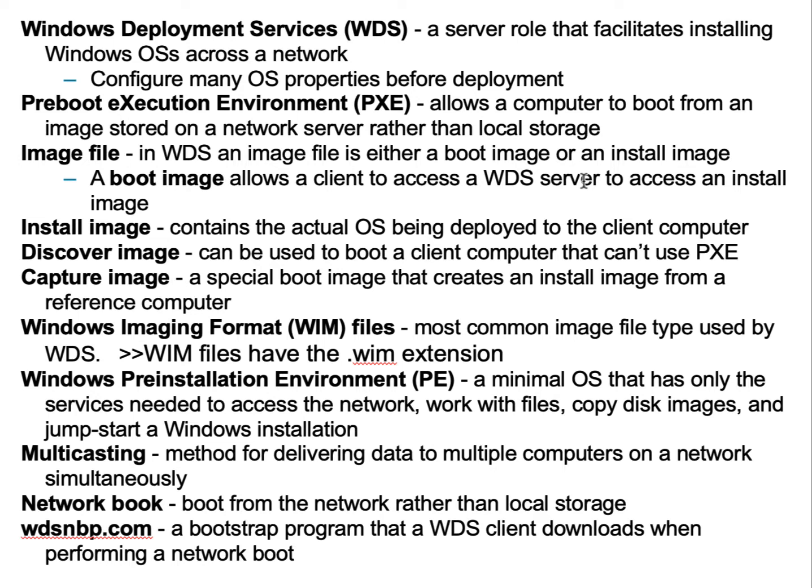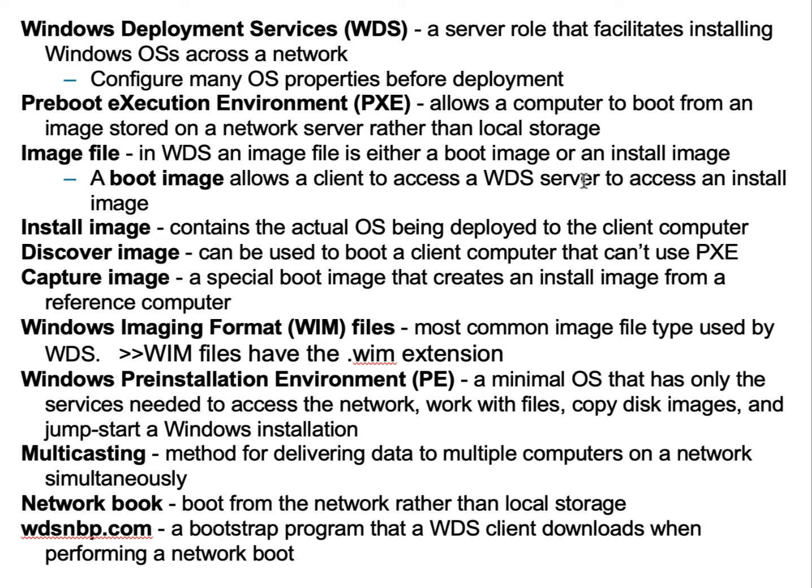Image file. An image file contains other files. Much like a zip file contains multiple files, in WDS an image file is a boot image or an install image. A boot image contains the Windows PE defined in the next bulleted item that allows a client computer to access a WDS server so that it can access an install image.